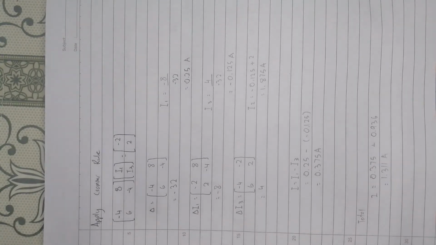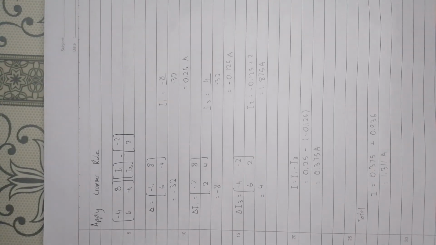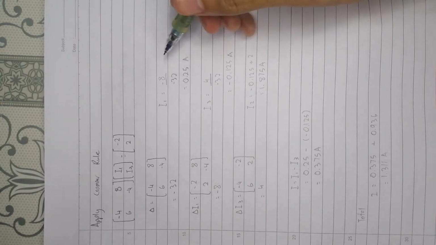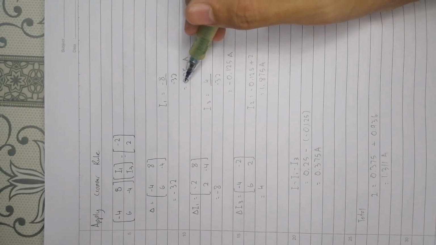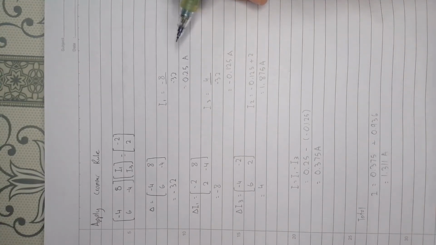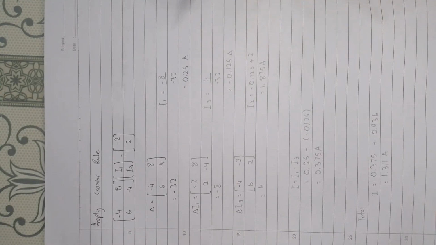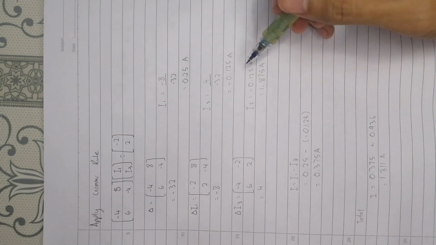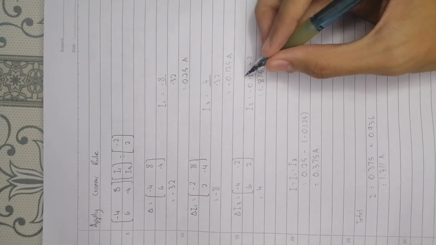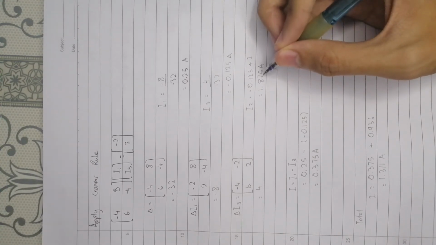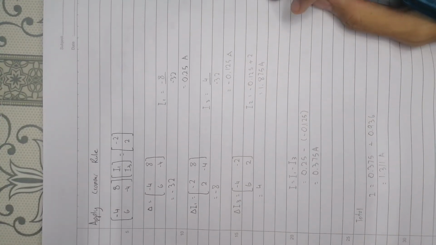And then we will calculate the value of I1, and that is delta I1 over delta. So we will get 0.25 ampere, I3 negative 0.125 ampere, and then for I2 we will substitute the value of I3 here plus 2. Then we got 1.875 ampere.